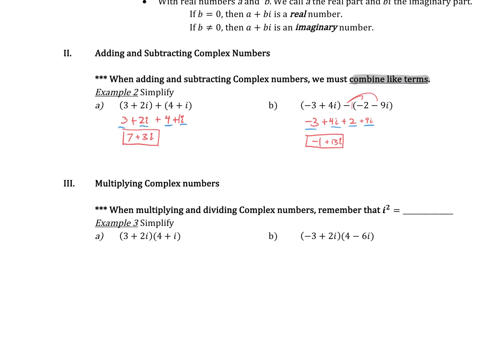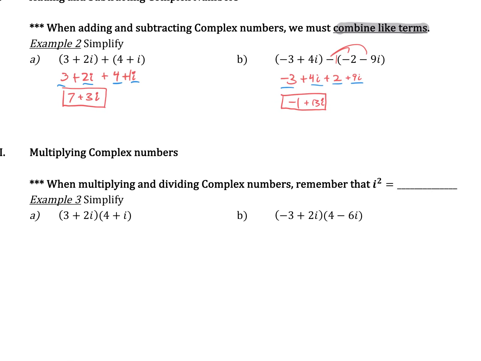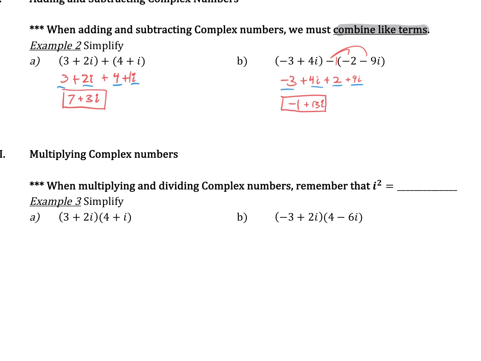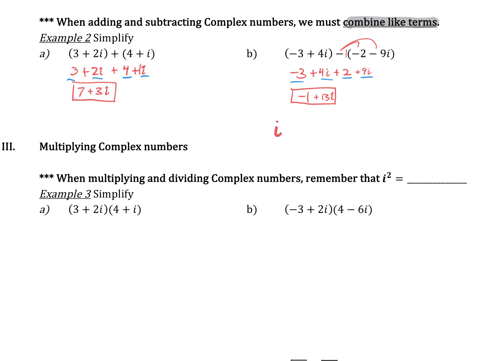Okay. All right. What about multiplying? Well, multiplying, again, we're going to start by treating i just like a variable, but we have a slightly different situation. Since i is the square root of -1, what happens when we square both sides?